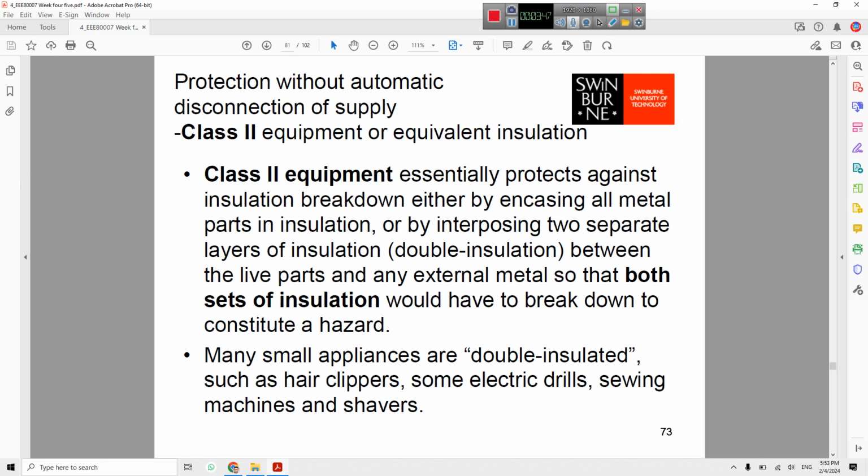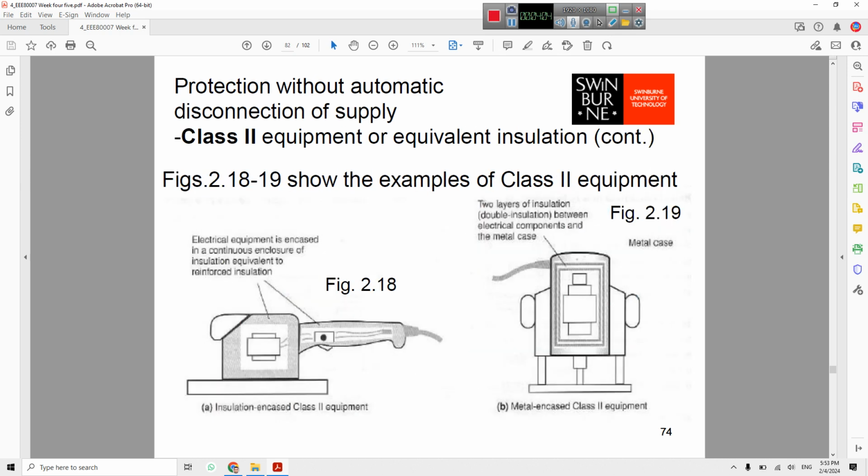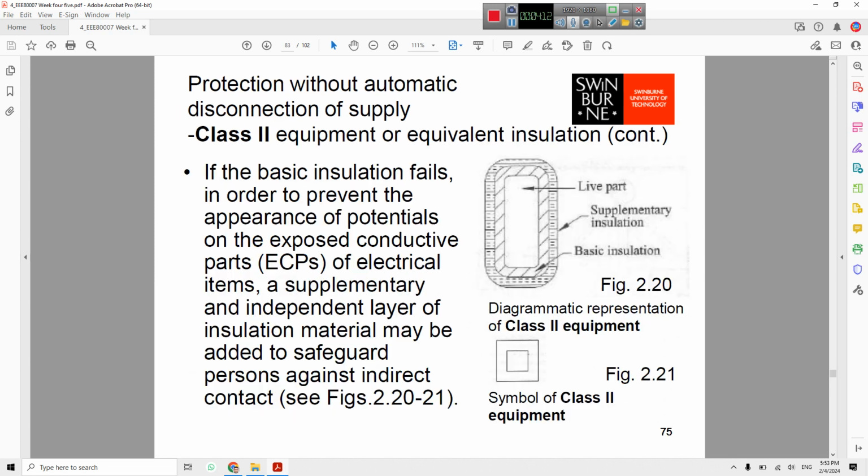Many small appliances are double insulated, such as things engineers usually use, like electrical drills or sewing machines. Here you can see the figure of how these are installed for class 2 equipment.